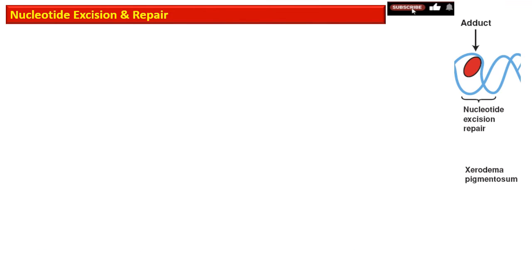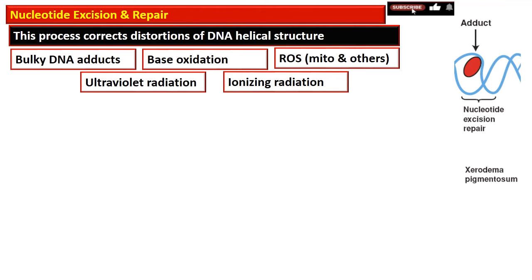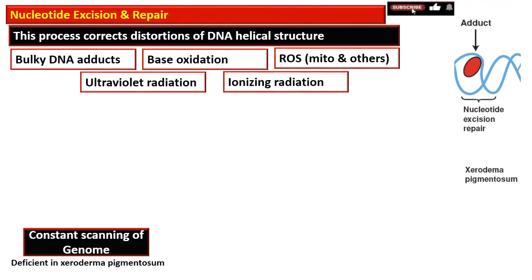Nucleotide excision repair is another cellular vigilance mechanism which corrects distortion of the DNA helical structure, and it identifies and corrects bulky DNA adducts, base oxidation, reactive oxygen species from the mitochondria and other sources, damage by ultraviolet radiation, and damage by ionizing radiation.